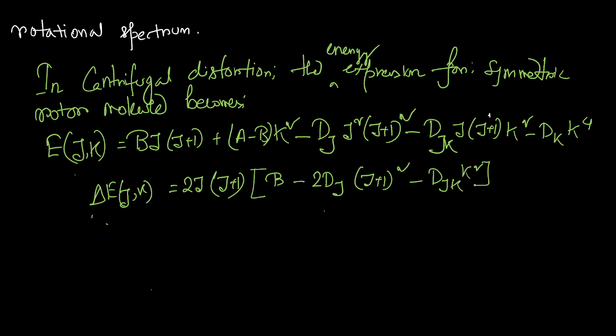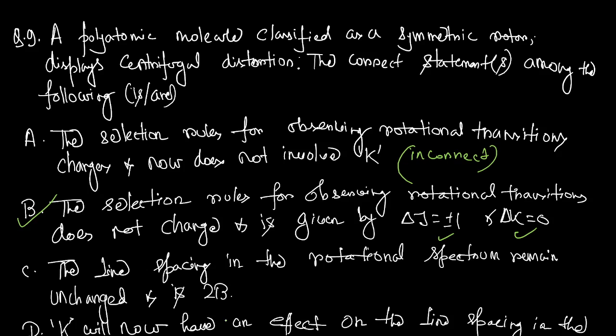The quick math you can do by yourself. So now the line spacing is no longer 2B. It has so many terms. This has DJ terms, DJK terms and a K squared term in it. So this is no longer correct under centrifugal distortion. Now K will have an effect on the line spacing in the rotational spectrum. Which is the correct one?